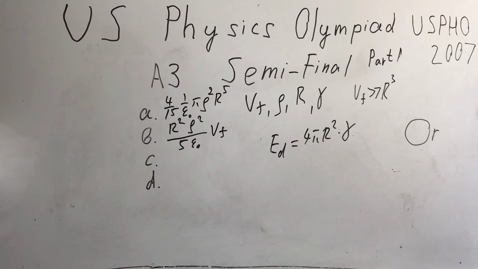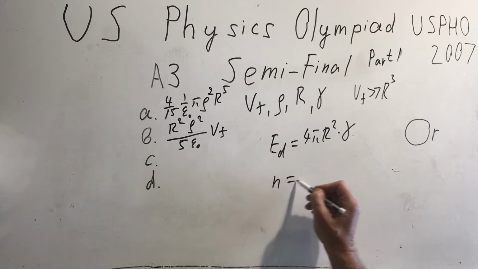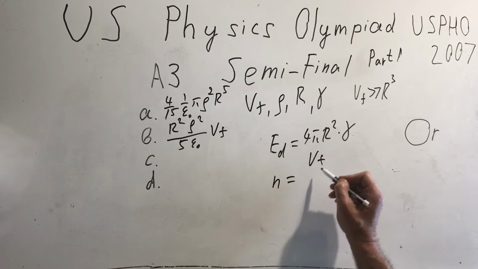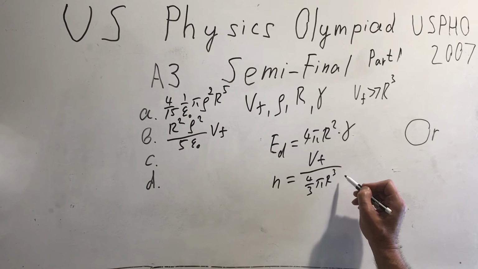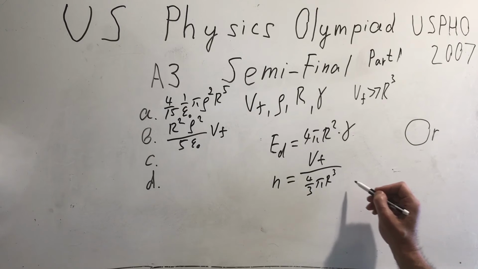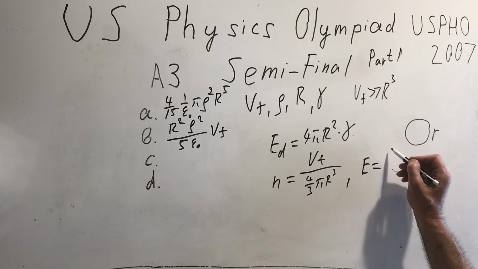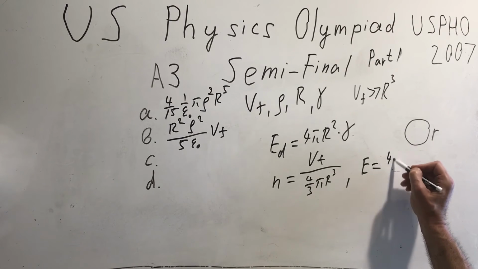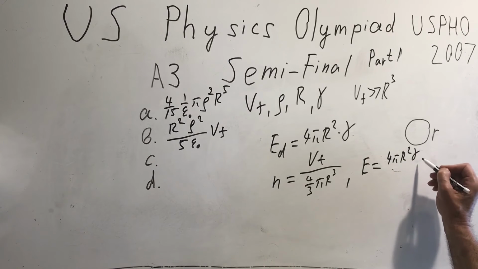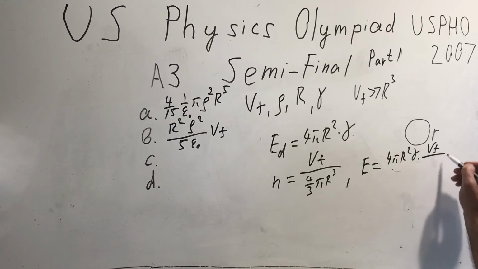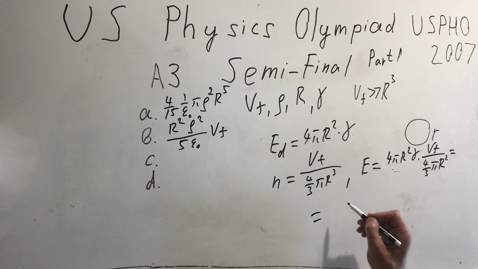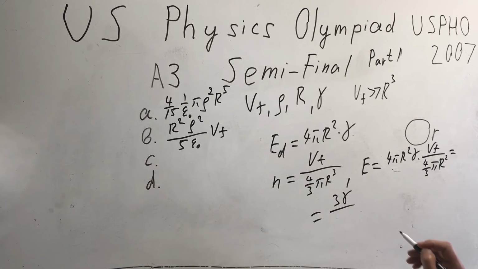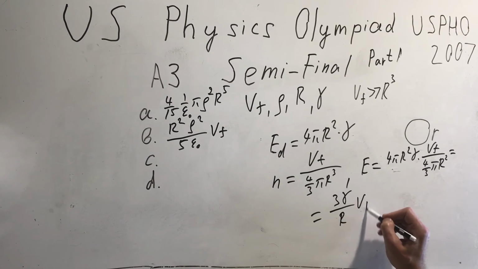The number of drops is n equals V fluid divided by 4/3 pi R cubed, and the total energy equals 4 pi R squared gamma multiplied by V fluid over 4/3 pi R cubed. That equals 3 gamma over radius multiplied by V final.